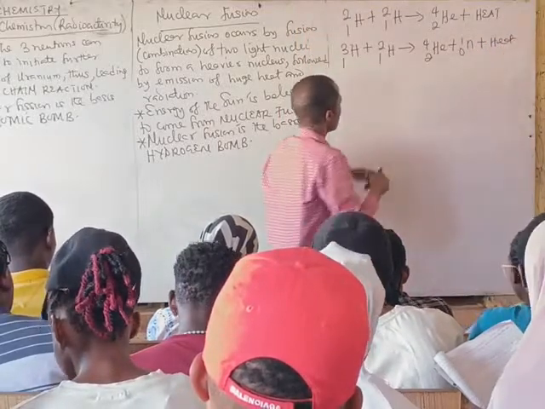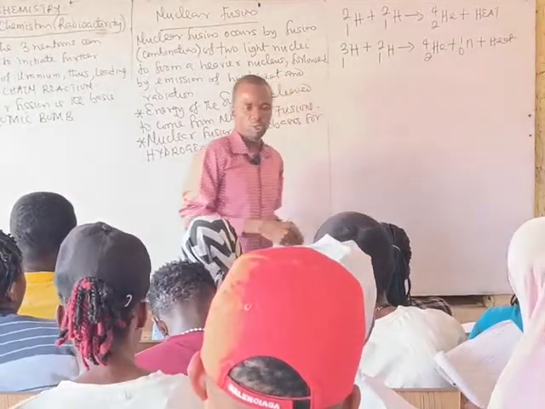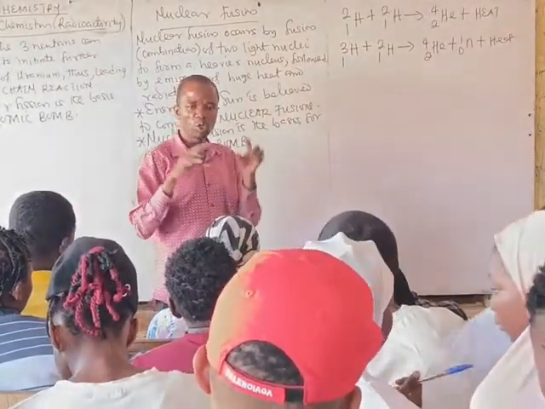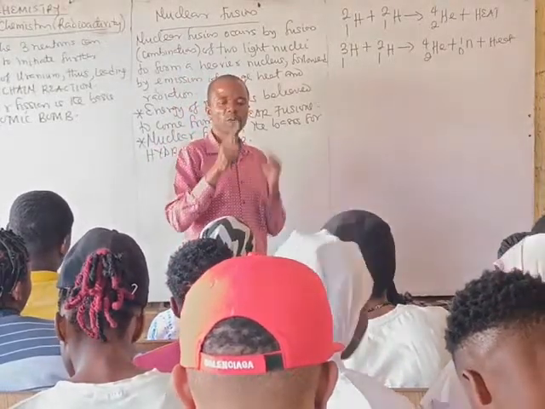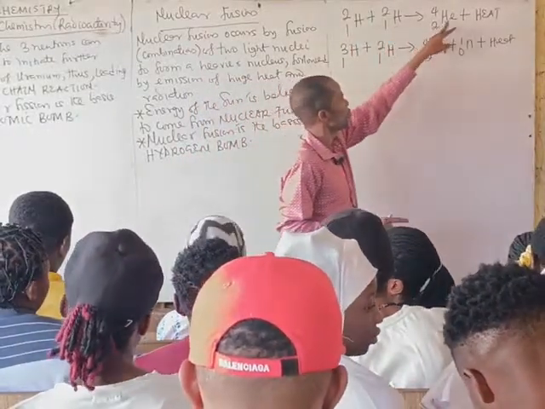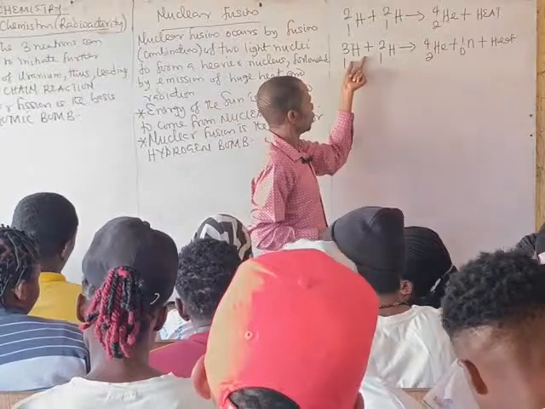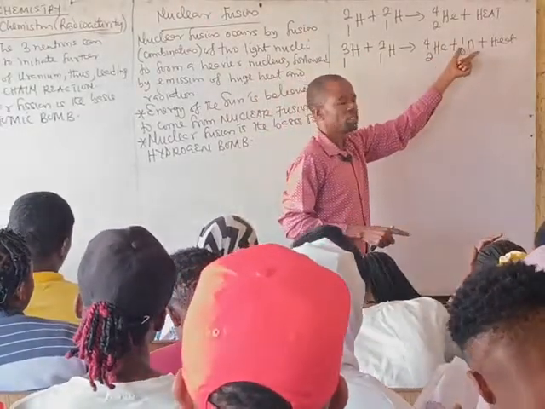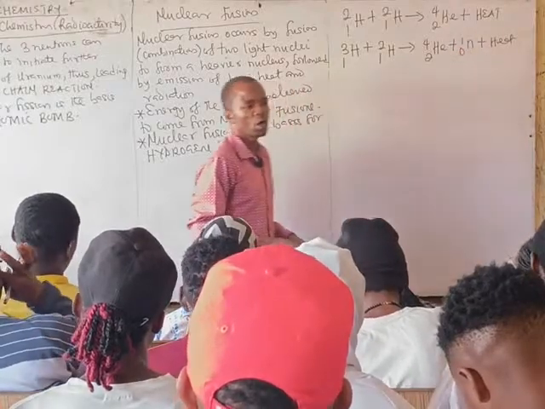So this is another example of nuclear fusion. Is that understood? During nuclear fusion, two light nuclei will combine together to form a heavier nucleus. So this tritium and this deuterium combine together to form an atom of helium, and it emits one neutron and also a huge amount of heat.